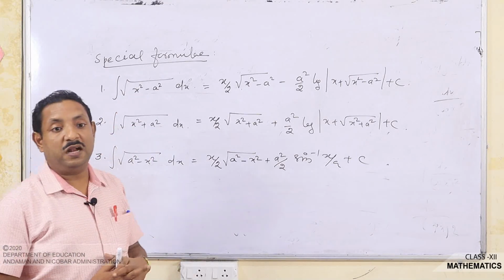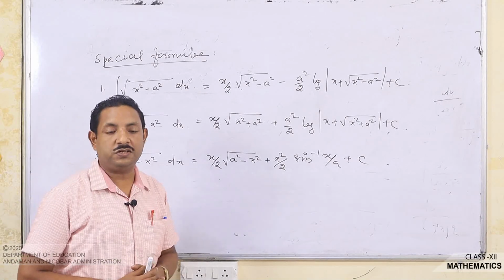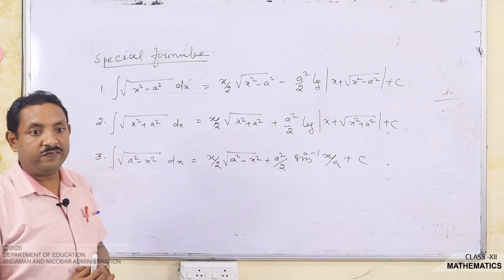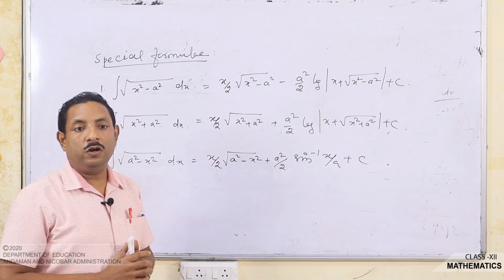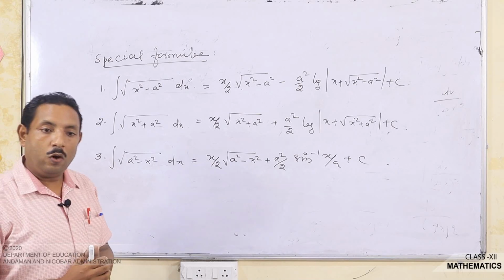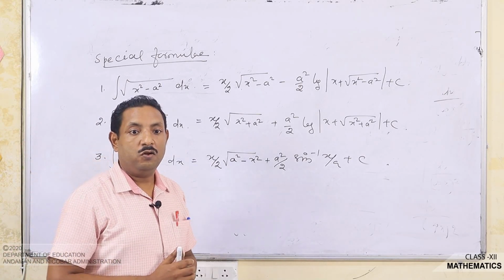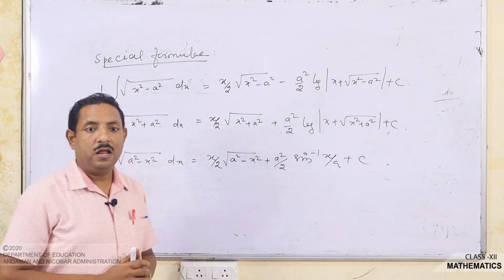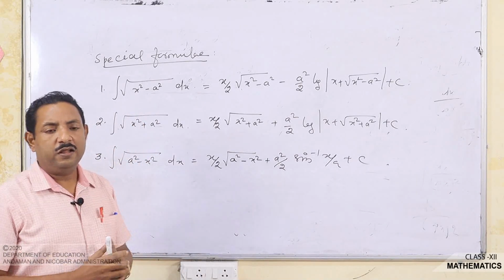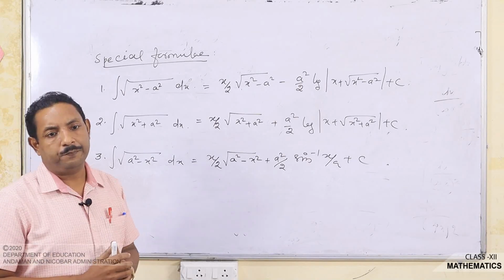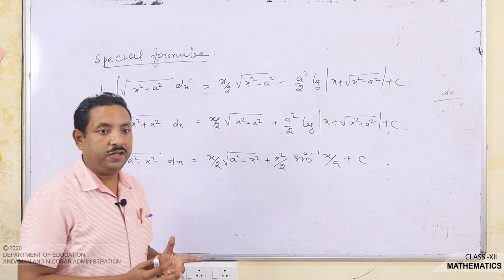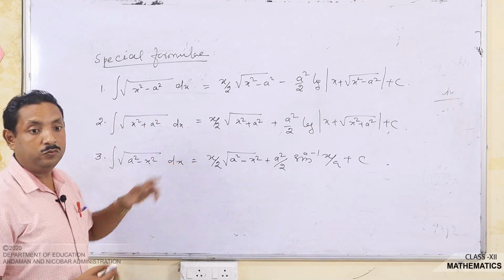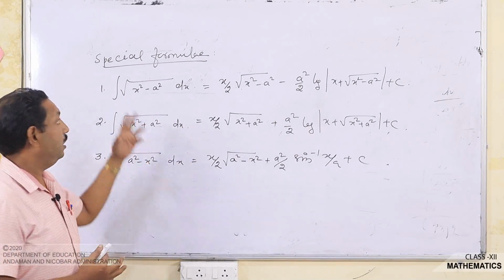See, remember those 6 special integrations: 1 upon x square plus a square, 1 upon a square minus x square, 1 upon x square minus a square, and in the next 3 the roots were involved. The same thing is here, only the root under these terms is in the numerator.